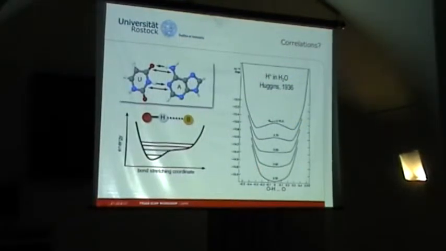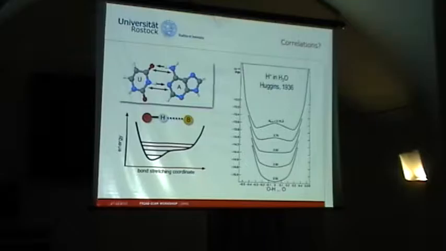Okay, so what can we learn from these curves now? Or how can we use this trajectory to get information on the infrared spectrum? For this you have to know that when you look at the hydrogen moving in this hydrogen bond, this potential might look like a very anharmonic potential along this bond stretching coordinate.